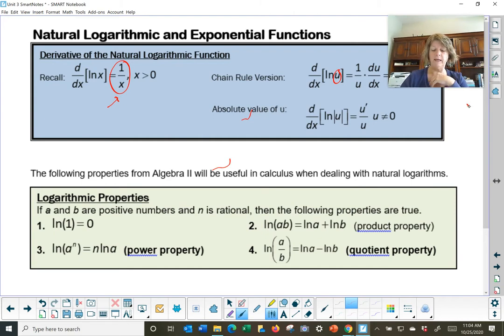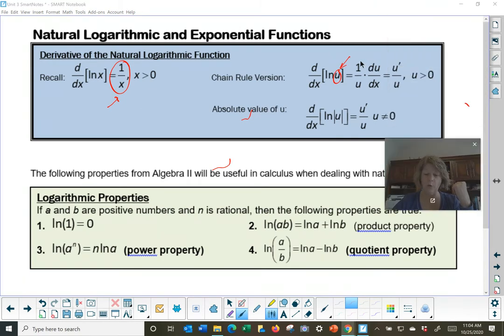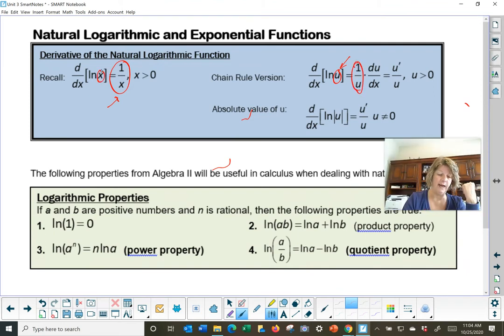Well, we would indicate that by just saying it's u, where u is some function, and the rule for that becomes 1 over u, which is quite similar to what we had here, 1 over x. So 1 over the argument inside the natural log, and then times the derivative of that inside piece, so the u prime. Some people memorize this as u prime over u.